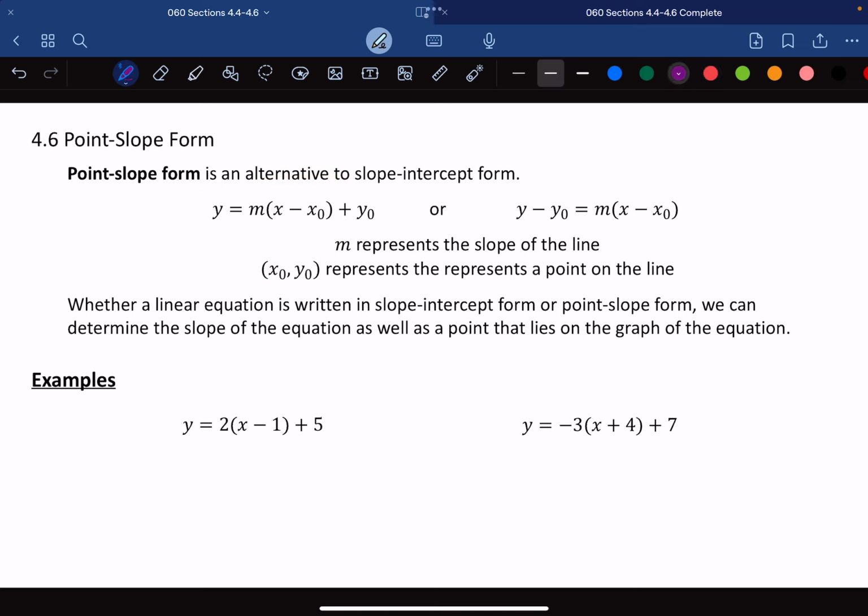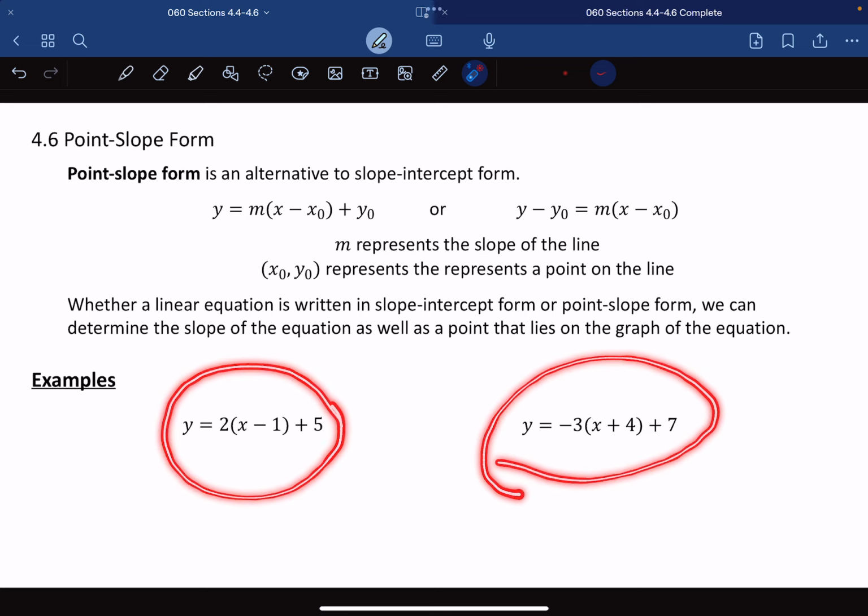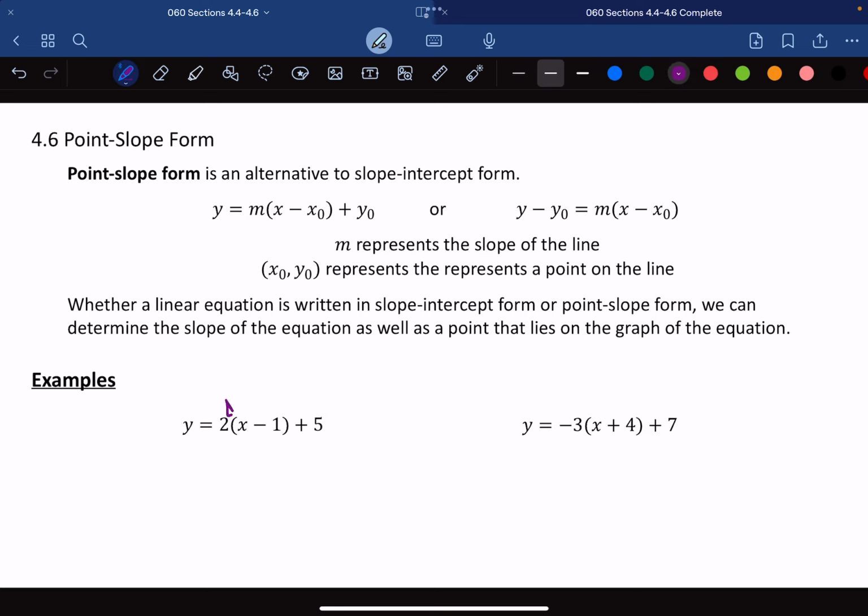We can look directly at this equation and pull out our slope. That is the number sitting in front of our parentheses. And then we can pull out a point. That is our x, which is inside the parentheses, and then our y, which is outside the parentheses.